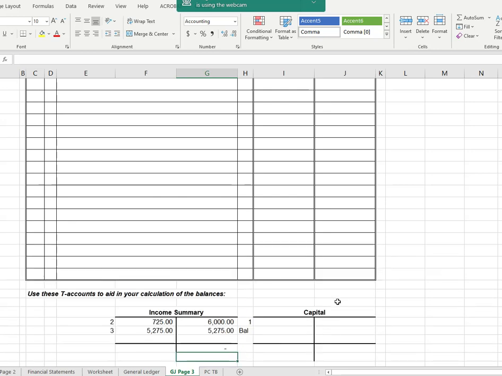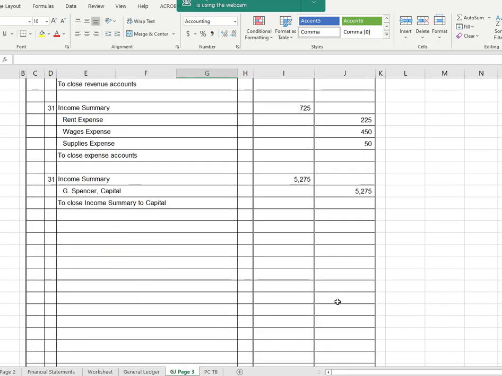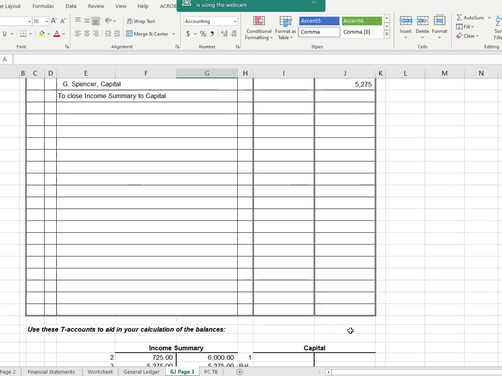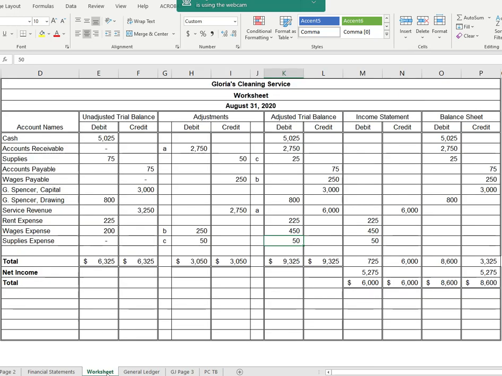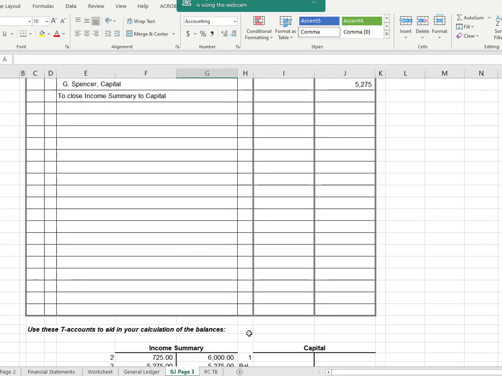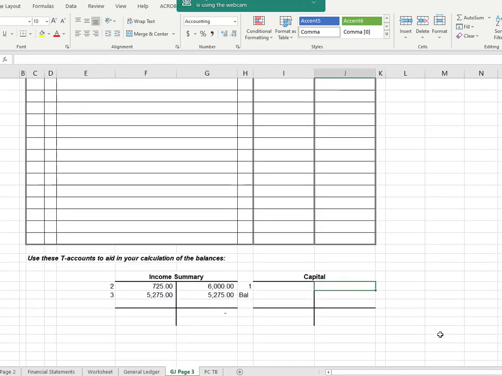Okay, so now I want to calculate my balance of my capital account. How I'm going to do that, I'm going to go to the worksheet. I have a capital balance in my adjusted trial balance of $3,000. So I have a credit balance of $3,000.